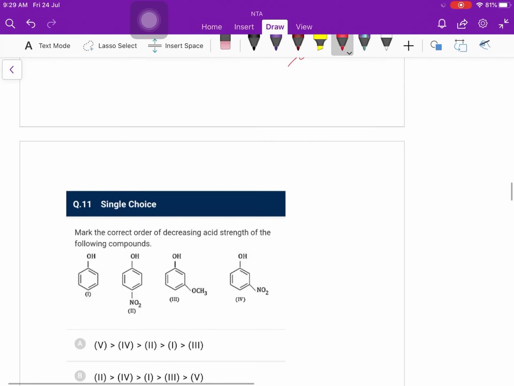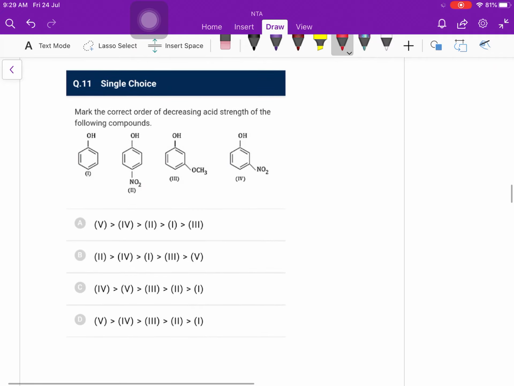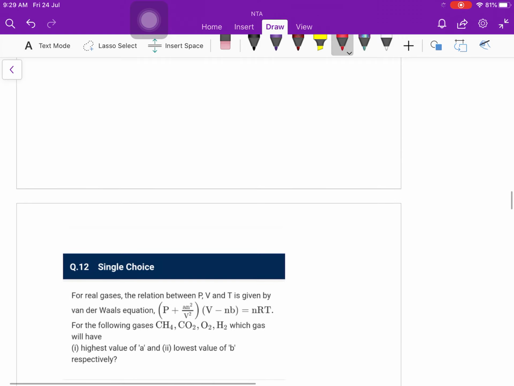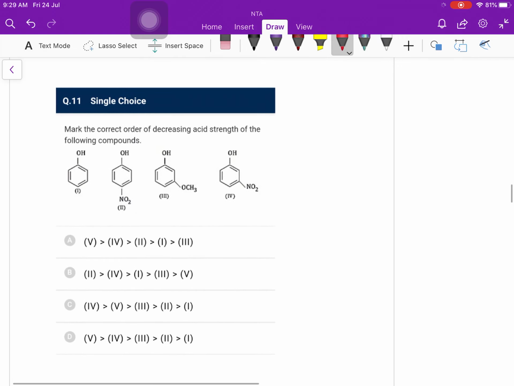Mark the correct order for decreasing acid strength of the following compounds. Again we have 5 compounds here. To find the acidic strength, either you can deal with the acid here or you can find the stability of its conjugate base.